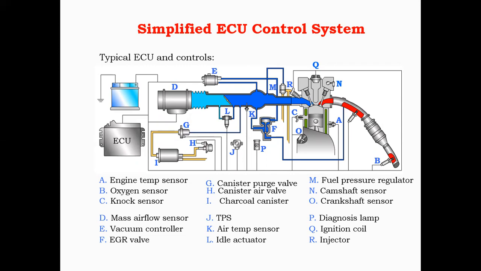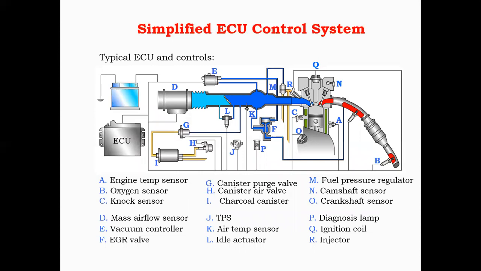Then the oxygen sensor, NOx sensor, mass airflow sensor, vacuum controller, EGR valve, TPS, air temperature sensor, idle actuator, fuel pressure regulator, camshaft sensor, crankshaft sensor, diagnostic lamp, ignition coil, and injector. So these are the components used with the ECU.